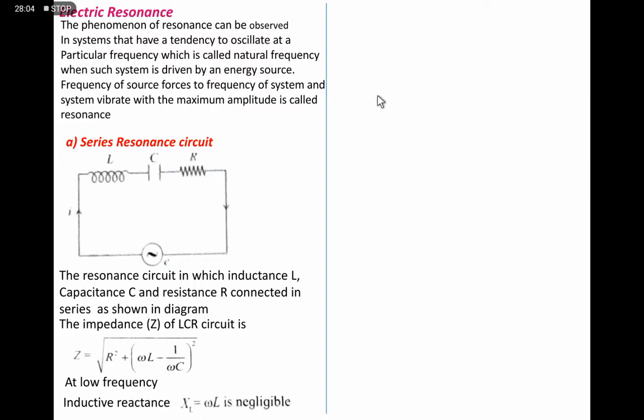Now capacitive reactance XC is equal to 1 by omega C, and it is very high at a low frequency. Inductive reactance is low, and capacitive reactance is very high at low frequency. Definitely when the frequency of the AC generator increases, the inductive reactance increases and the capacitive reactance decreases.